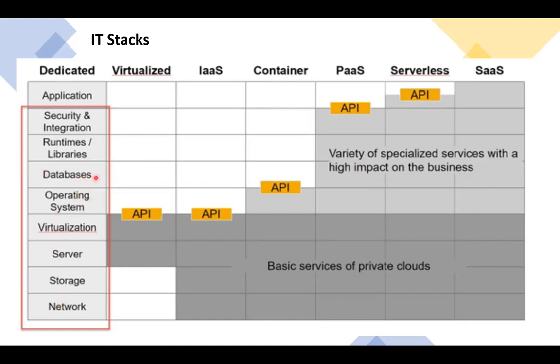We do not need to worry about databases. We do not need to worry about runtime libraries. Everything, server, storage, network, nothing. We just go to the BTP, go to the service and work on it, and see the real benefits or real capabilities of that particular service provided on the BTP.